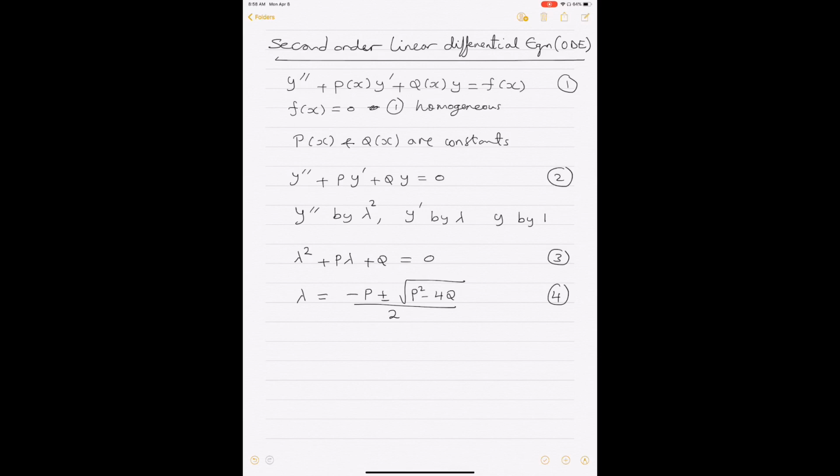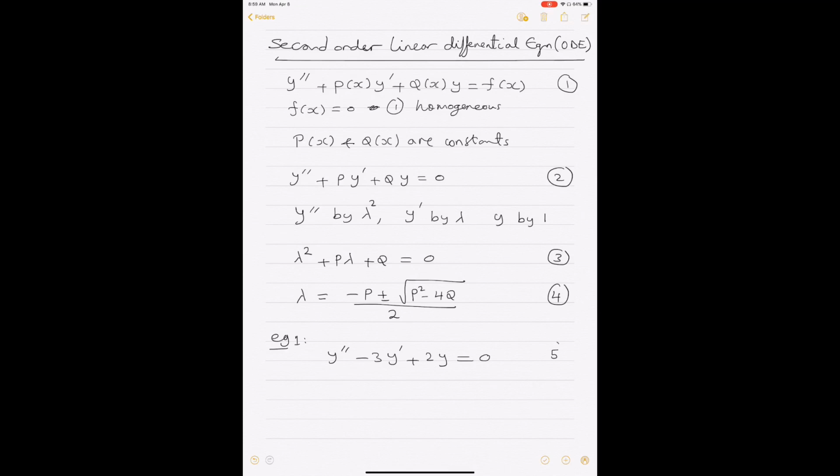We will consider these three cases by means of examples. So let's take example number 1. Let's consider the differential equation y double prime minus 3y prime plus 2y equal to 0.